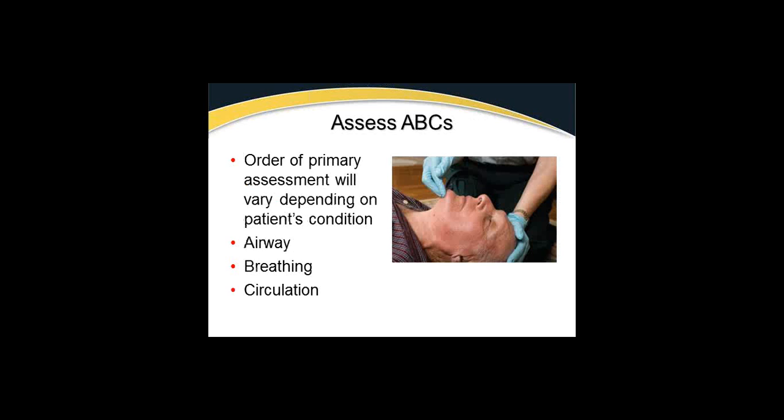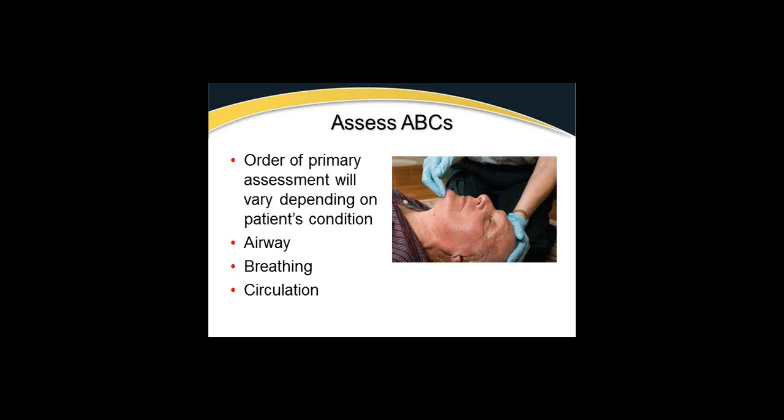So after we've determined that, the order of our primary assessment obviously varies, like I mentioned, with airway, breathing, circulation. Note that in the picture we have them doing a head tilt chin lift. If you have a patient that's not alert and looking right at you, you may need to stop and take a moment to decide which direction am I going with this?